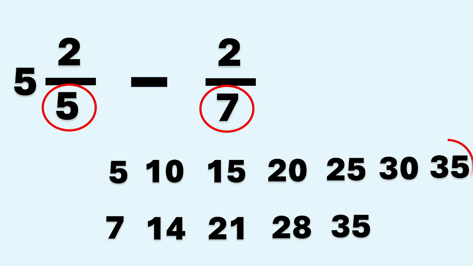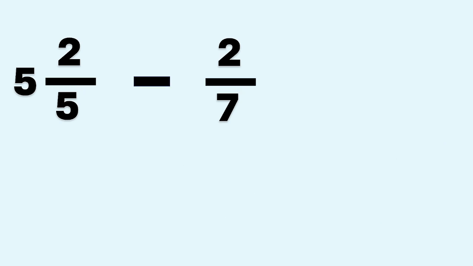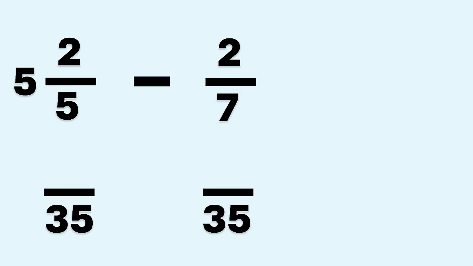So we have here 35. So 35 will be our LCD, or least common denominator. We start with 2/5. We are going to rename the fraction with an equivalent fraction with the denominator of 35.